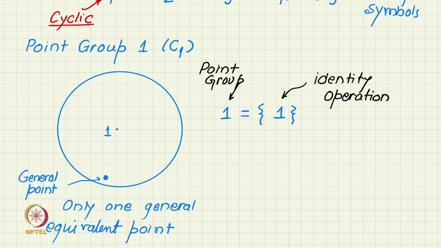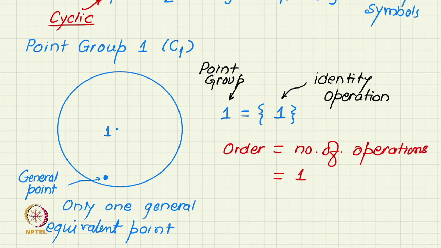So, what we mean here is that the point group 1 consists simply of the identity operation, and the number of operations in any group is called the order of the group. So, this is a group of order 1. Order is equal to the number of operations, so that is also 1.